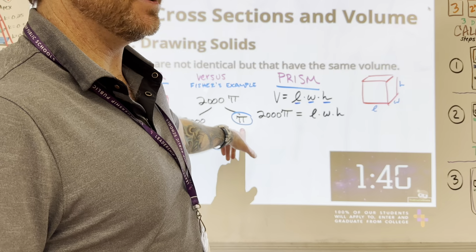So now we have a cylinder with a circular base, and the radius is 10 centimeters.